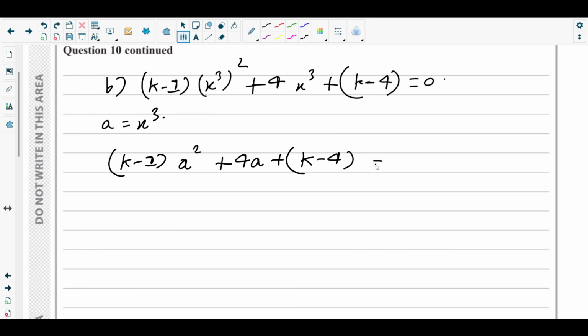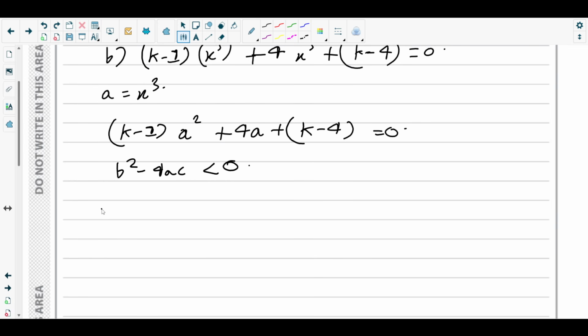If we want to have no roots, then b squared minus 4ac must be less than 0. So b squared, b is 4 here, 4 squared minus 4 times a, which is the coefficient of a squared, so k minus 1, times c, which is k minus 4.